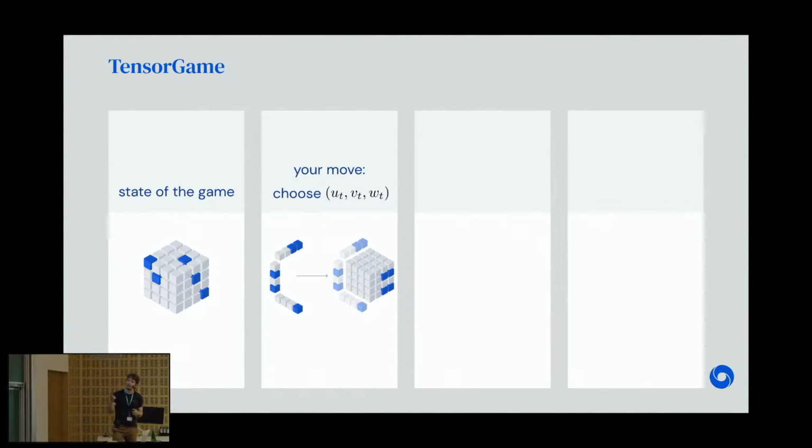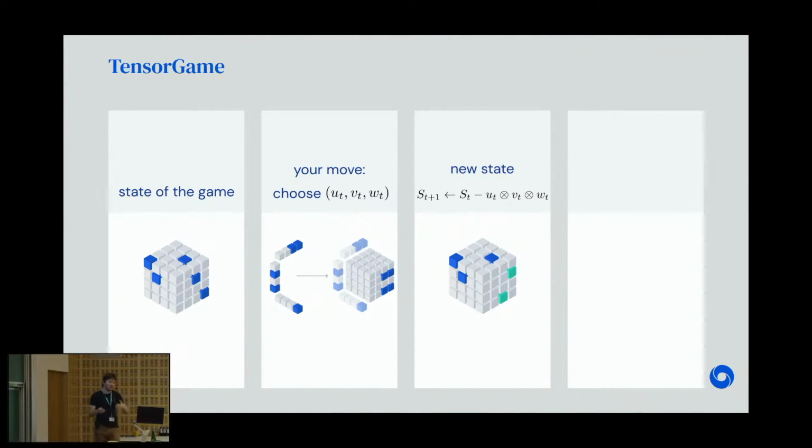And now what's nice about this formulation is that after the player has chosen their move, it's actually very easy to compute the new state of the game board. Because all we have to do is we take the previous state of the game board and we subtract this outer product of the three vectors that the player has written down, and then we get the new state of the board. So in green, I showed the elements that changed.